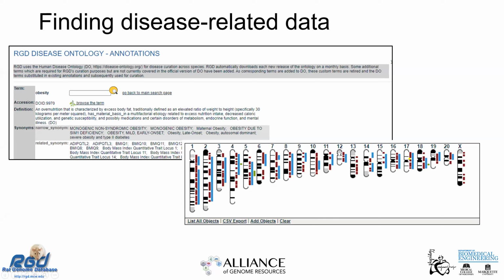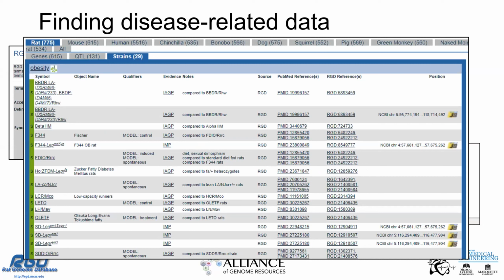And the brown is genes, the blue are QTL, and the green are strains that can be mapped, so either mutant strains or congenic strains. And then below that, there's the list of annotated objects and the annotations, information about the annotations.